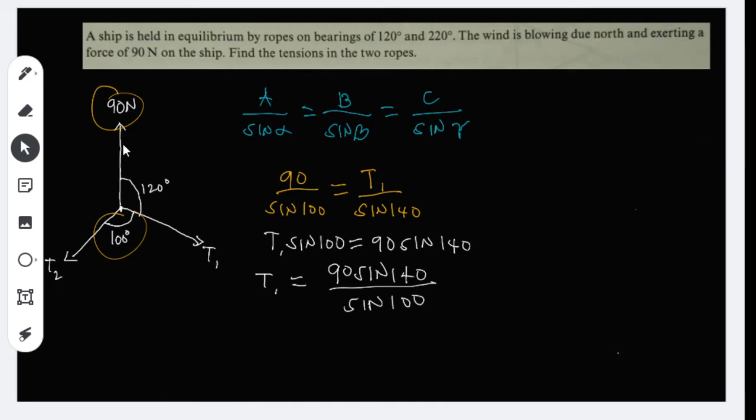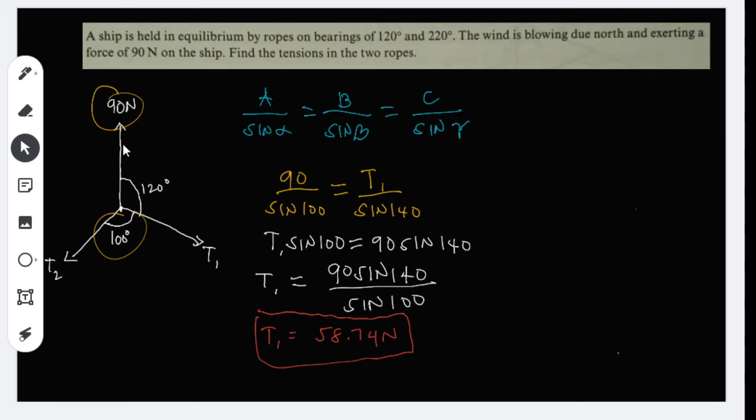Don't forget to set your calculator to degrees. 90 sine 140 divided by sine 100. Setting it to 2 decimal places, that will be 58.74 Newton. So this is the answer for the first unknown tension.